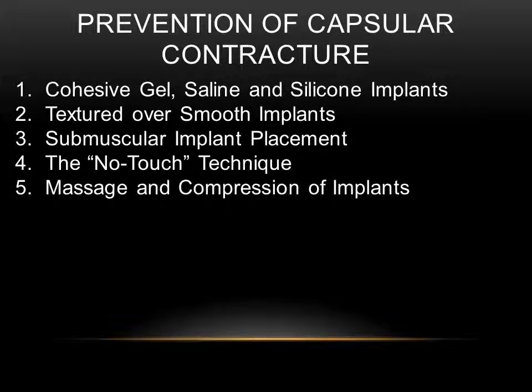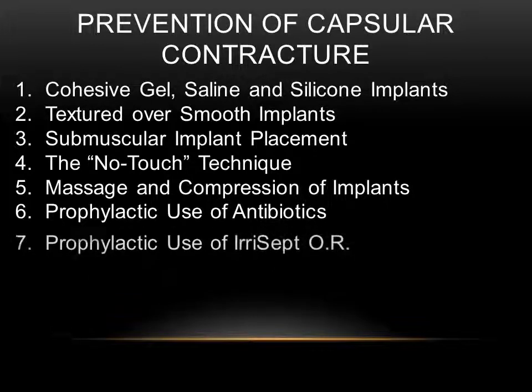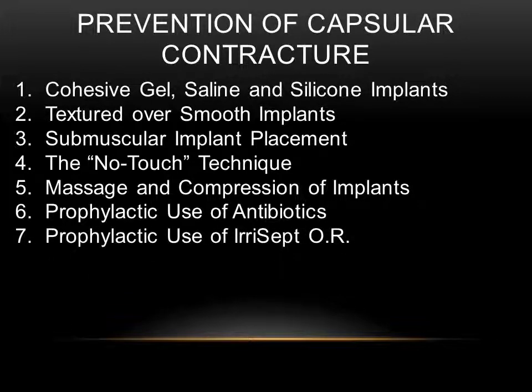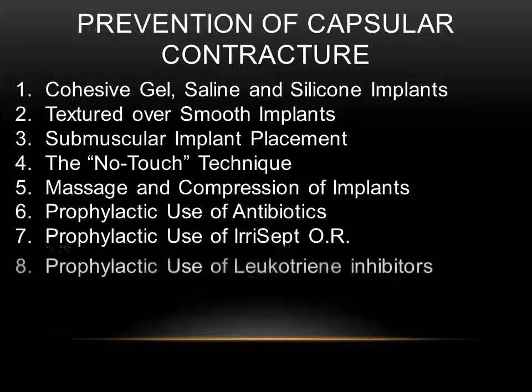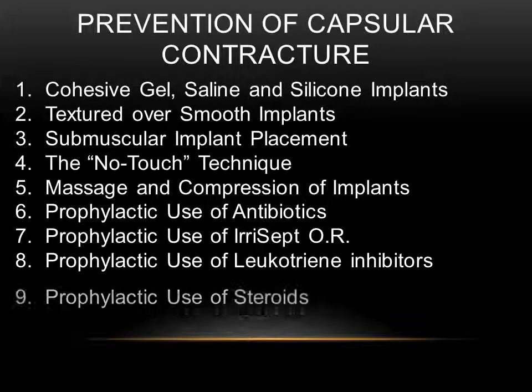Number five, the postoperative use of massage and compression therapy to soften the pocket and massage the breast. Number six, the prophylactic use of antibiotics preoperatively and postoperatively. Number seven, the prophylactic use of Accolate. Number eight, the prophylactic use of leukotriene inhibitors.